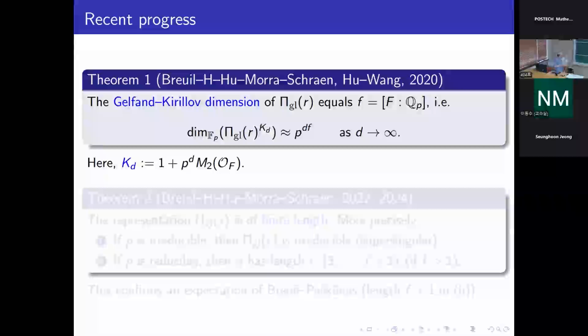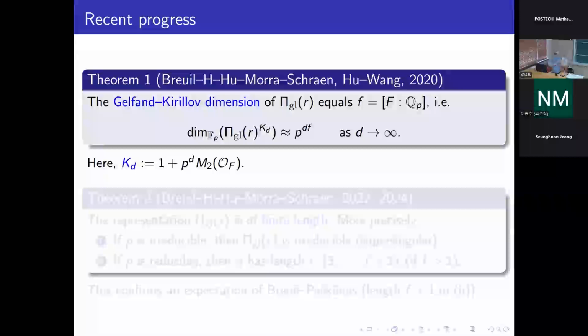And what is the Gelfand-Kirillov dimension? One way of saying what it is, it's a kind of generalization of dimension to a non-commutative context. Here the group is non-commutative, GL_2 of F is non-commutative. So if you do non-commutative algebra, you may come across Gelfand-Kirillov dimension, but concretely it measures how the dimension of the invariants under deeper and deeper congruence subgroups grows.